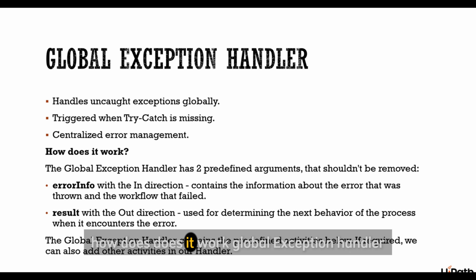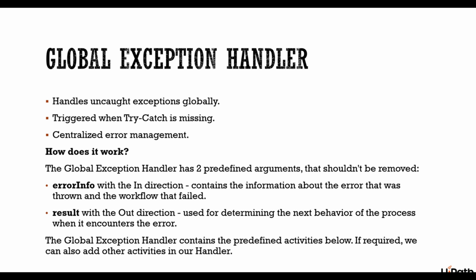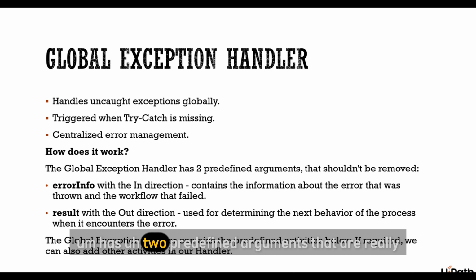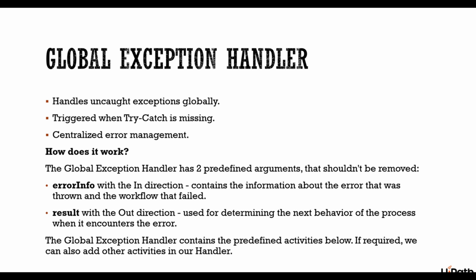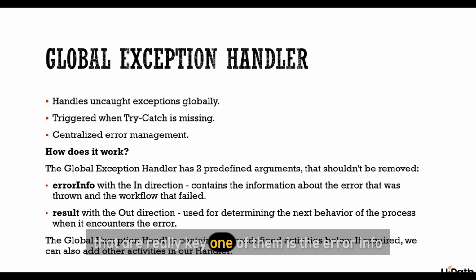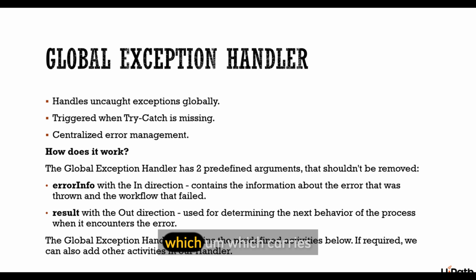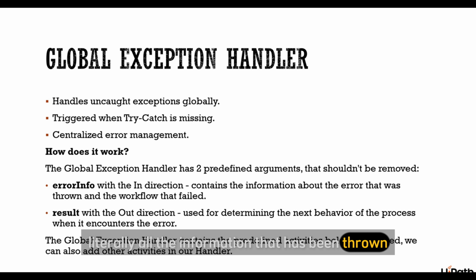How does it work? The global exception handler has two predefined arguments that are really key. One of them is the ErrorInfo, which carries literally all the information that has been thrown with whichever activity within your workflow.